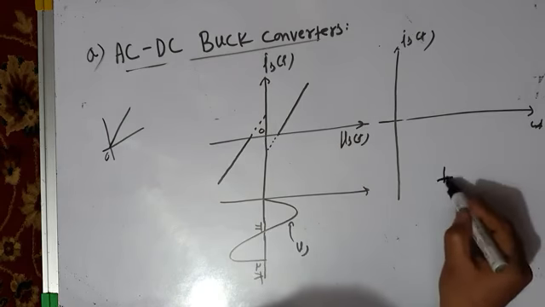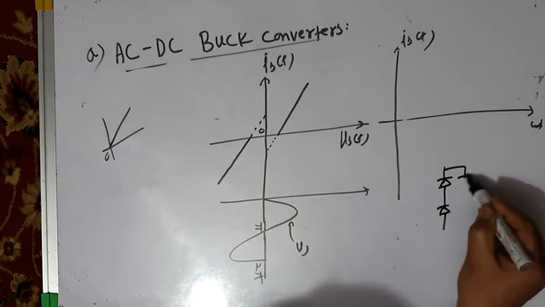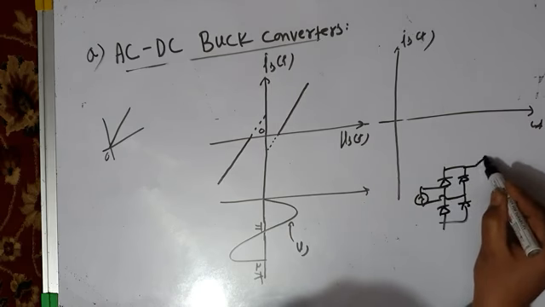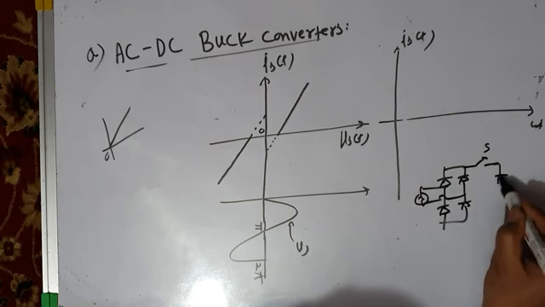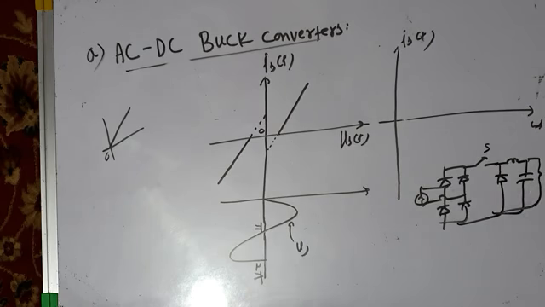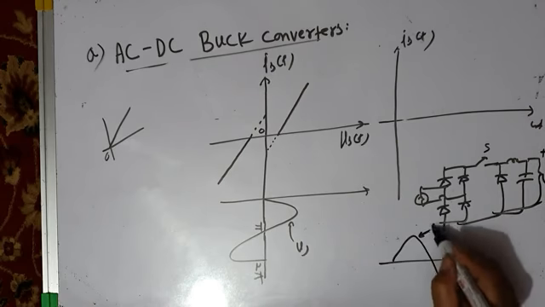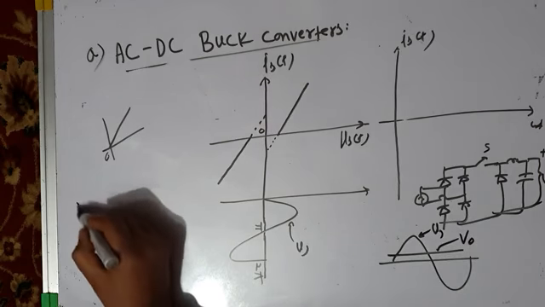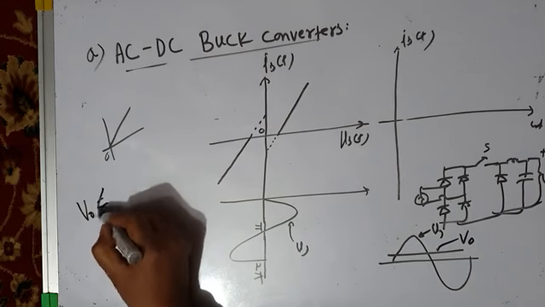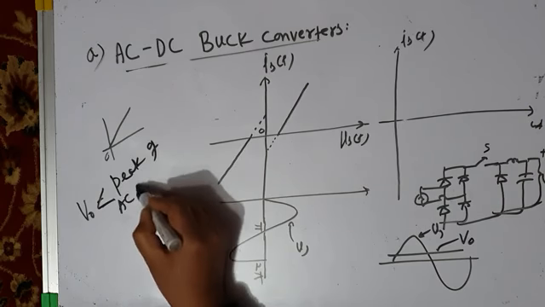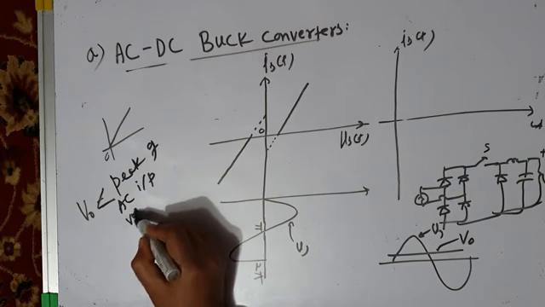The reason is that your DC to DC buck converter is like this. I don't have much space here, therefore I had to rub out that diagram. This is your AC to DC buck converter. The voltage across the load is V0. For example, if this is your source voltage VS, the load voltage is, let us say, V0. Why is it called a buck converter? Because the output voltage, the DC output voltage, is always less than the peak of the AC input voltage.